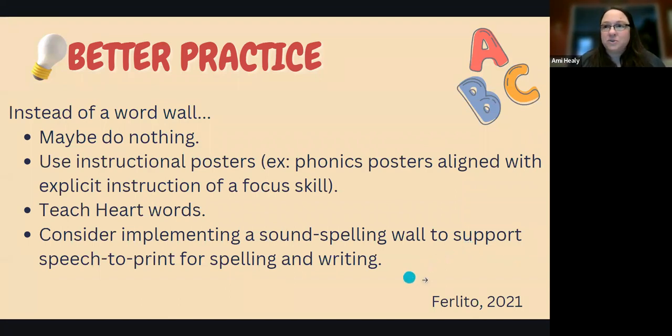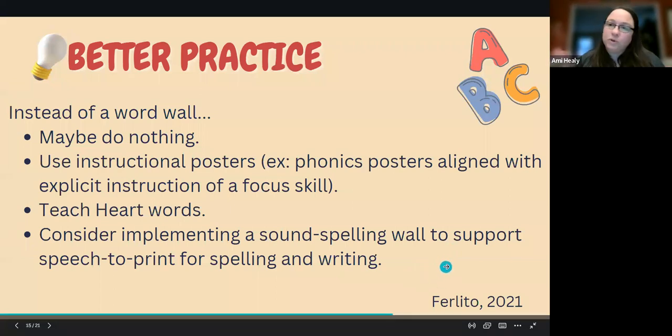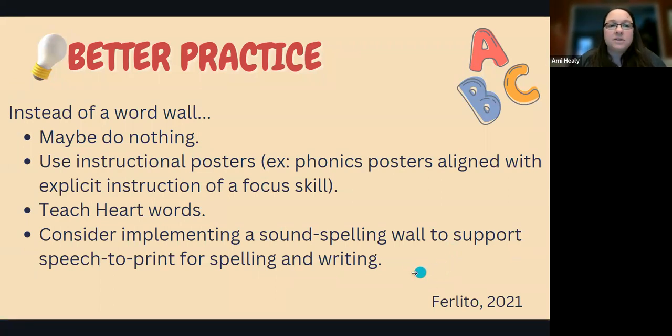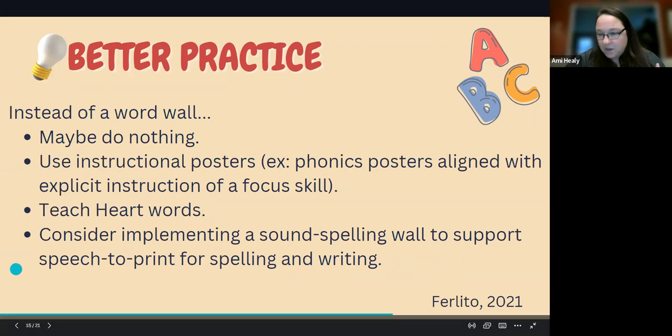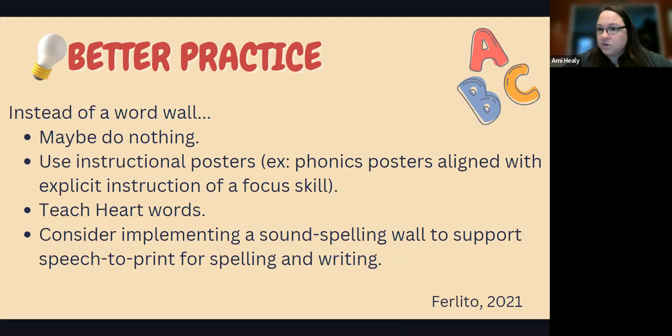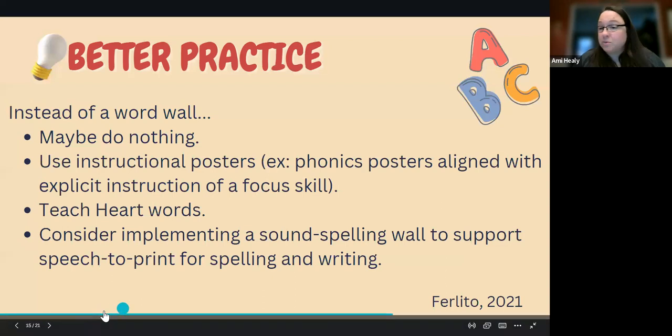Or maybe you do one of the following. You might use instructional posters for whatever phonics skill you're working on that's aligned with your explicit phonics instruction. Or maybe instead of the word wall, you teach the heart words that we've talked about earlier in this series. Or maybe you consider a sound spelling wall that supports spelling and writing.